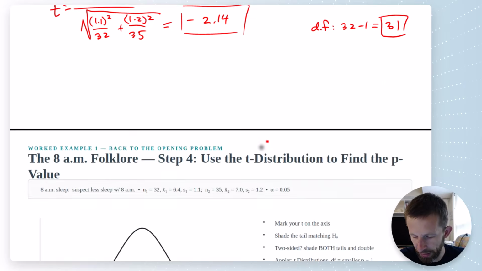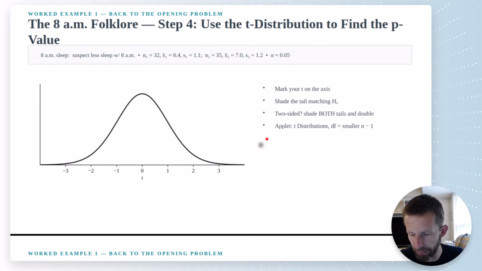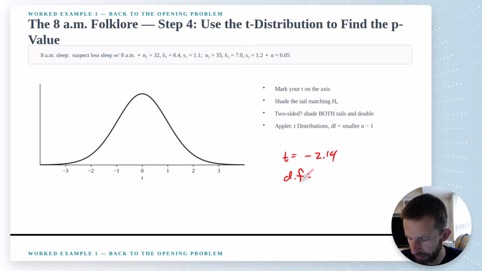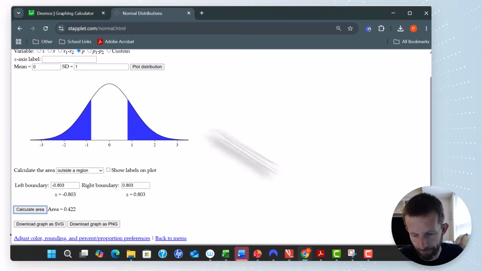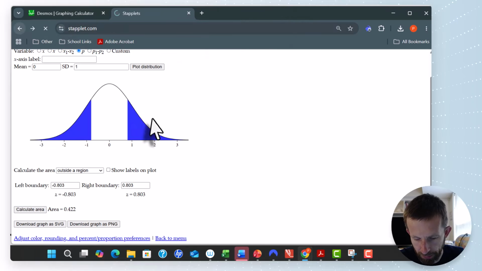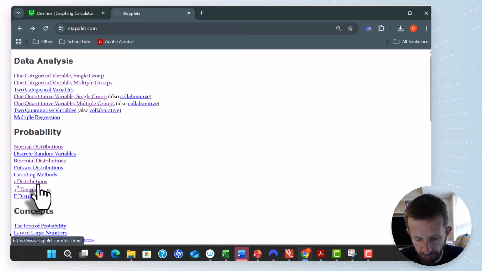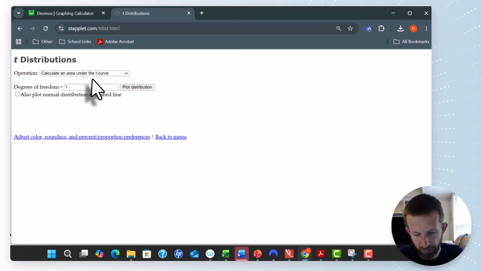So now let's find the p-value. If t is negative 2.14, and I have 32 minus 1, so 31 degrees of freedom, I'm going to go to my t distribution. I will have 31 degrees of freedom.